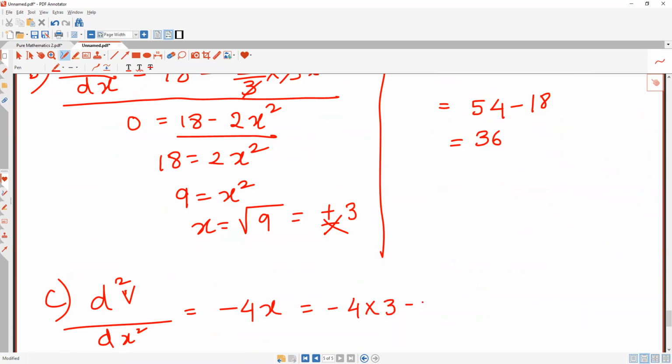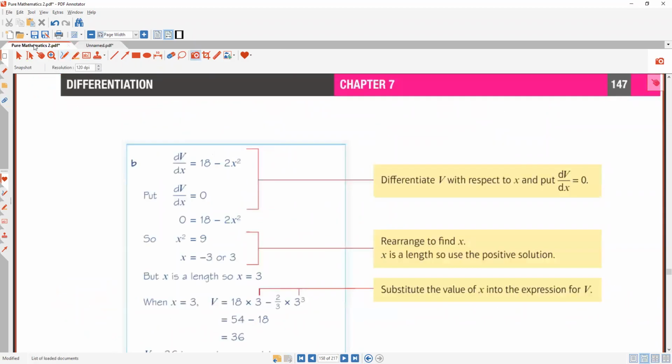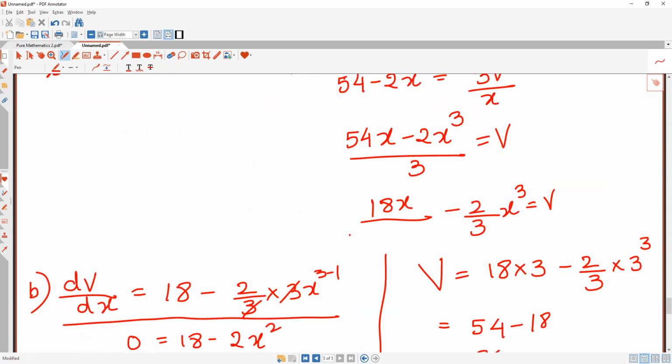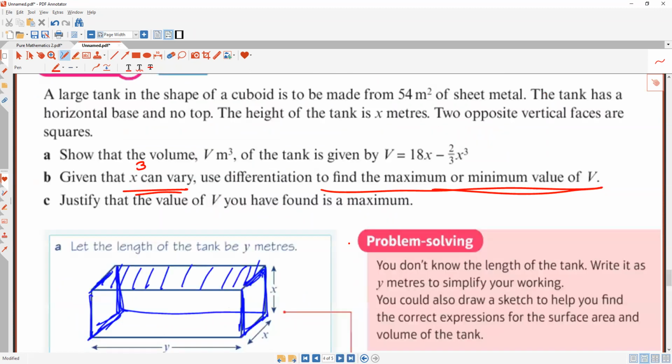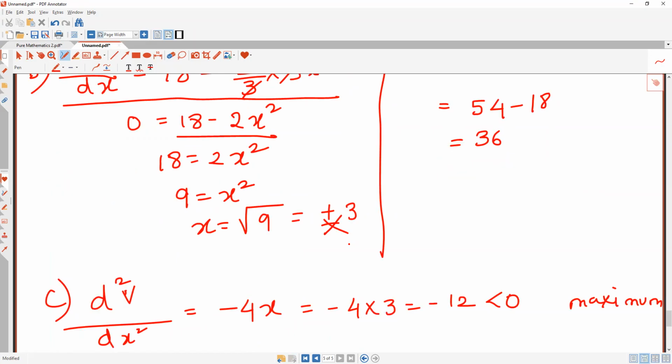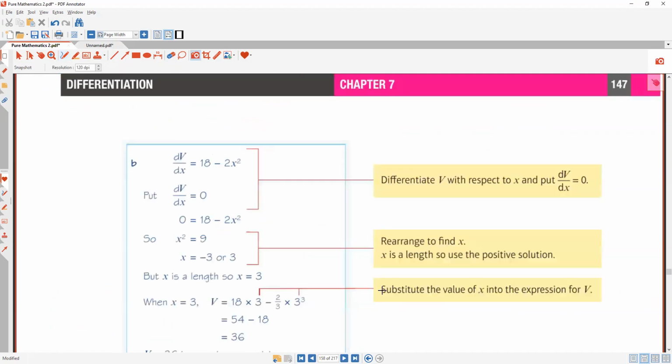Minus 4 into 3 is minus 12. Minus 12 is less than 0, therefore maximum. Guys, is this clear? Online, is this clear? I did double differentiation here to prove. Okay.